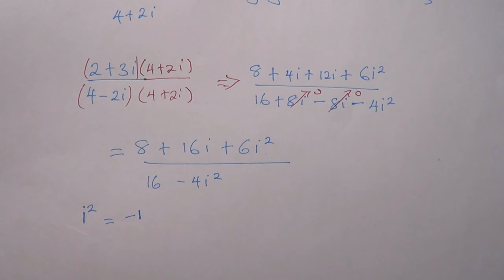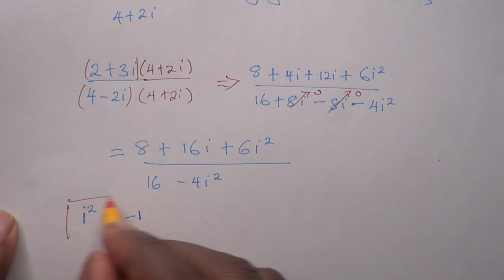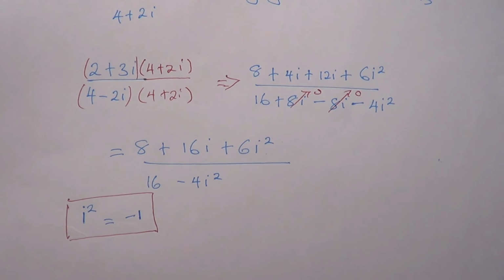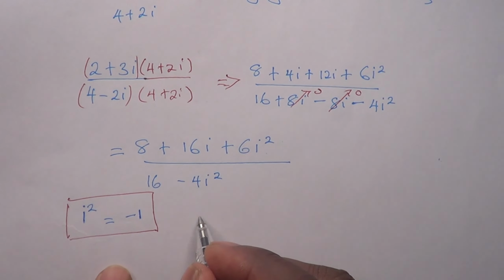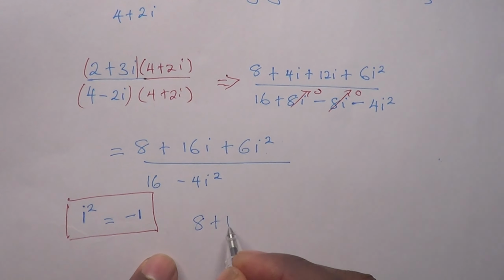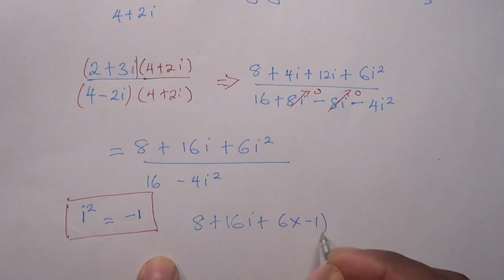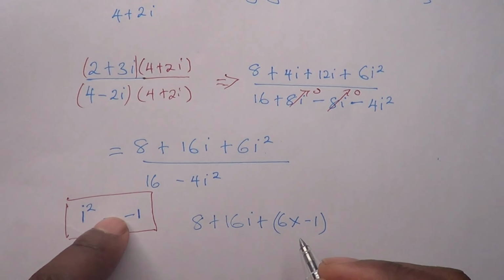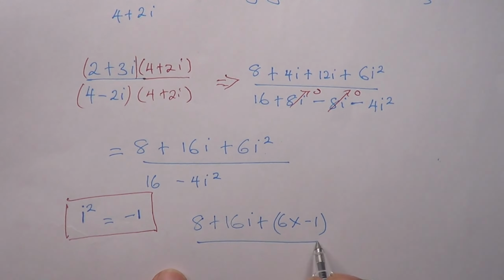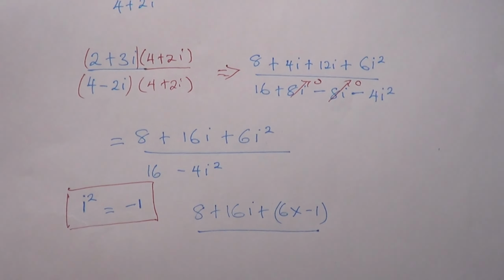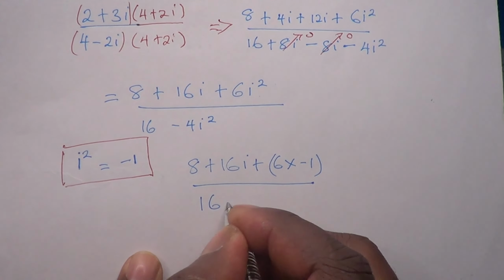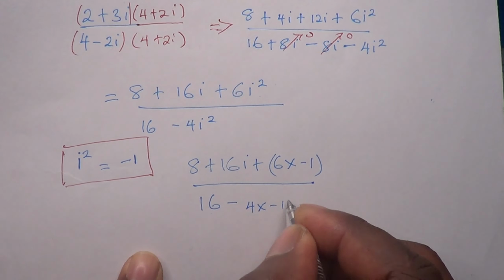So what I'm going to do here, I'm going to take 8 plus 16i plus 6 times negative 1, over 16 minus 4 times negative 1.